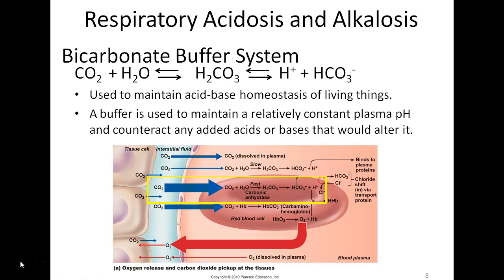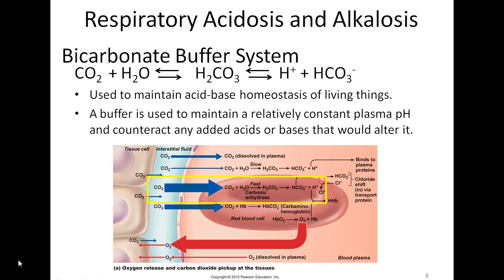And so we have two key components of this bicarbonate buffer system. We have the bicarbonate ion, and that's going to serve as a weak base. And then we have carbonic acid. That's going to act as a weak acid. So we want to maintain a relatively constant pH in the plasma, and we want to counteract if any additional acids are added or any additional bases are added.